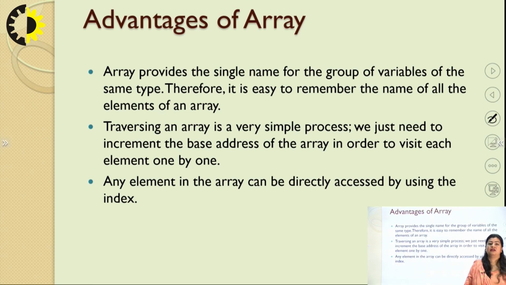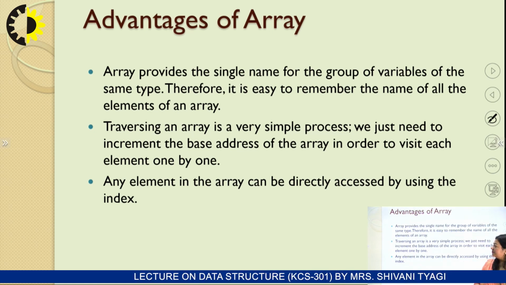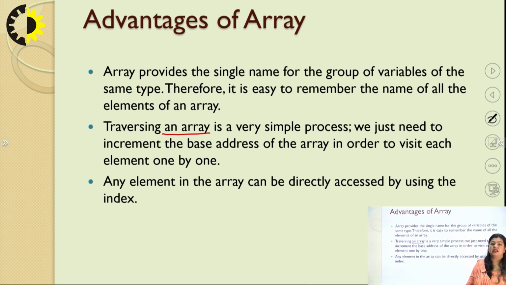You can search any element, you can sort any elements in an array. Any element in an array can be directly accessed by using the index. If you want to access an element, you can check with the help of the indexing value.